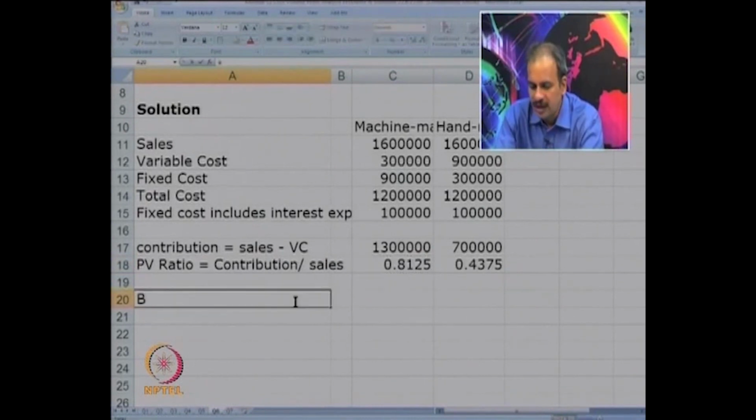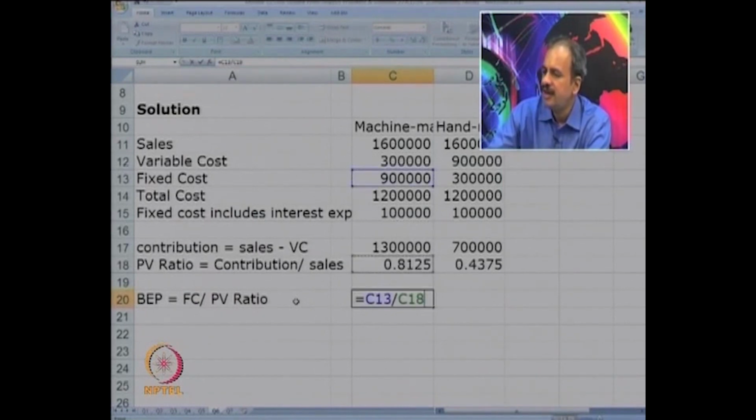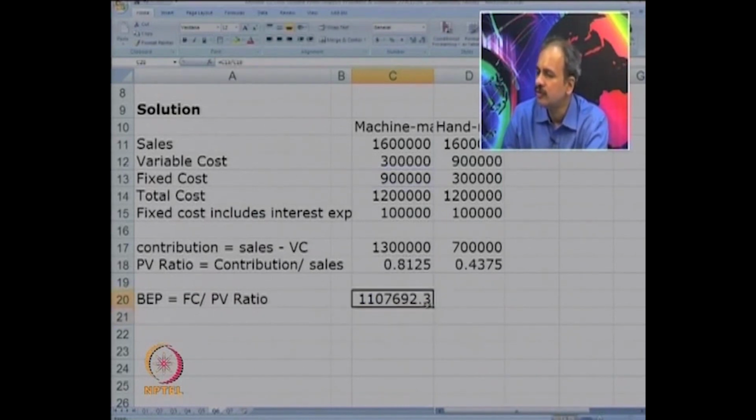Now we will try to calculate break even point. What is the formula? For break even point, we want to cover up the fixed cost. So it is FC upon PV ratio: fixed cost of 9 lakhs divided by the PV ratio.